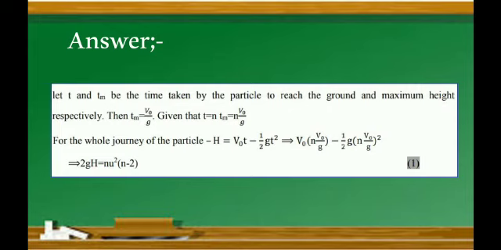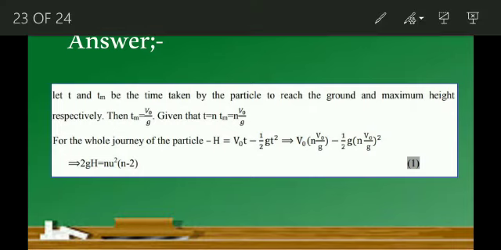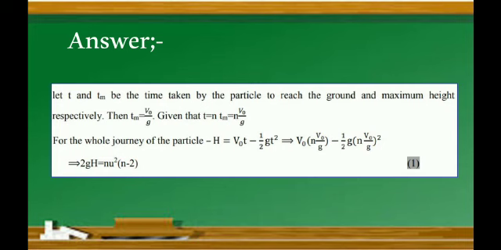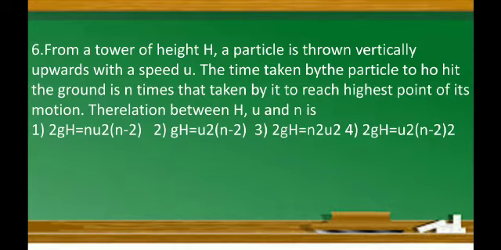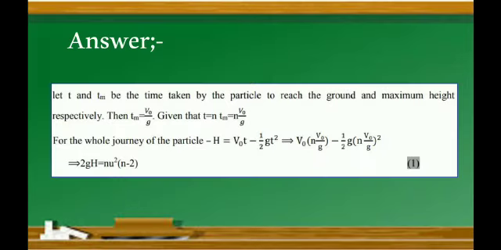This implies v0 into n v0 by g minus half g into (n v0 by g) whole square. This implies 2gh is equal to n u square into (n minus 2). First option. Thank you one and all.